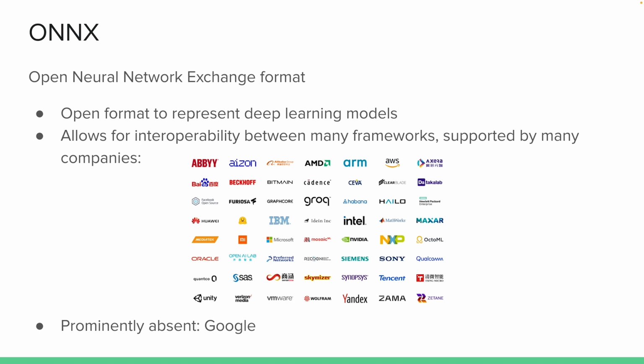And there is a consortium of quite a lot of companies that are supporting this initiative. And the idea is that you can then switch from one framework to another and run your trained model on another kind of execution engine.